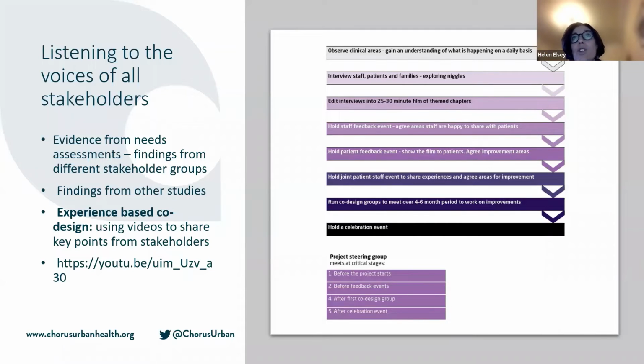Basically what they do is a whole process of talking to different stakeholders and interviewing them using videos, and then sharing those videos with the other groups. So everybody gets to voice their opinion, everybody gets to hear each other's opinions, and basing on that, you can then start to develop the co-design. So it's just a way of facilitating multiple voices to be heard.